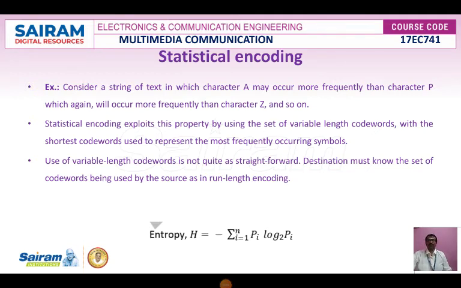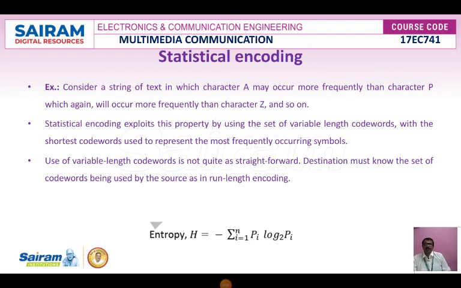With variable length code words, in order for the decoding operation to be carried out correctly, it is necessary to ensure that a shorter code word in the set does not form the start of a longer code word. Otherwise, the decoder will misinterpret the string as a normal code word.